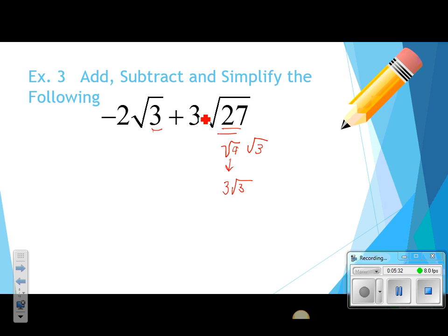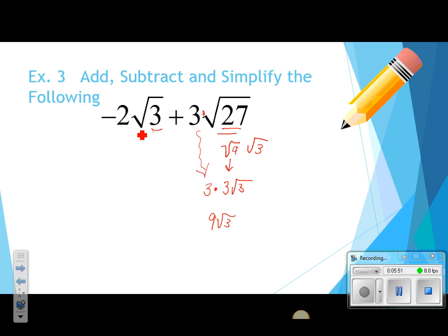Now, the number out in front here means I'm multiplying. So this says 3 times the square root of 27. So when I bring this down, I would have 3 times the 3 square roots of 3 that I simplified that into. And 3 times 3 is 9 square roots of 3.